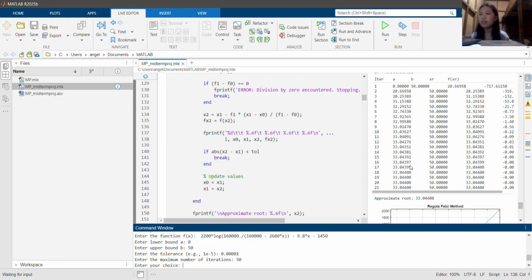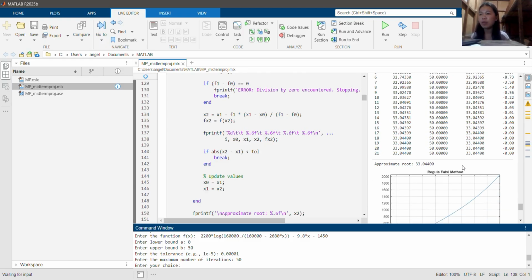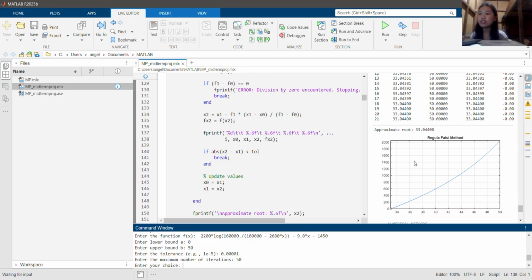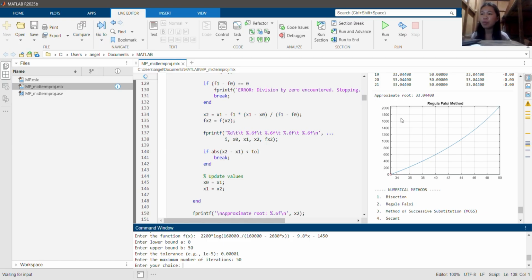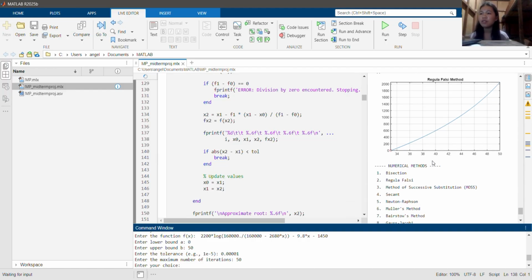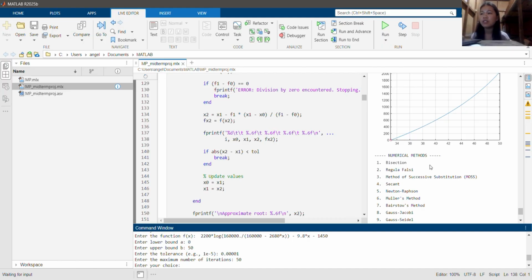As you can see in the iteration table, iterations stop at number 21 and our approximate root is 33.04400, and below it is our graph for the regula falsi method.